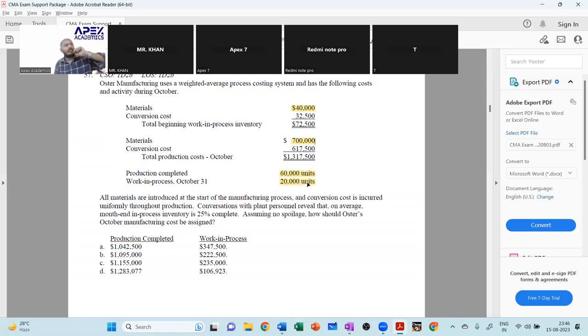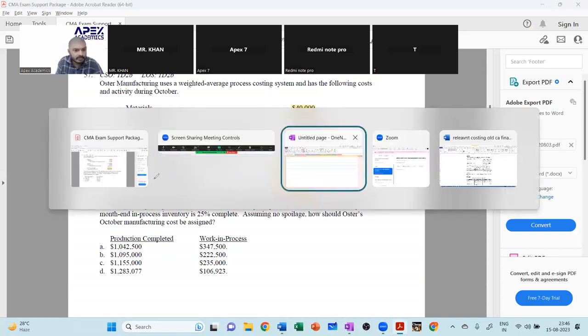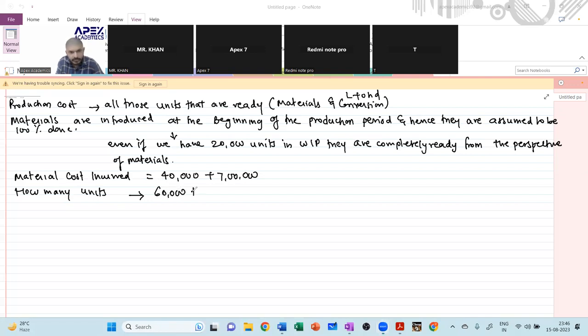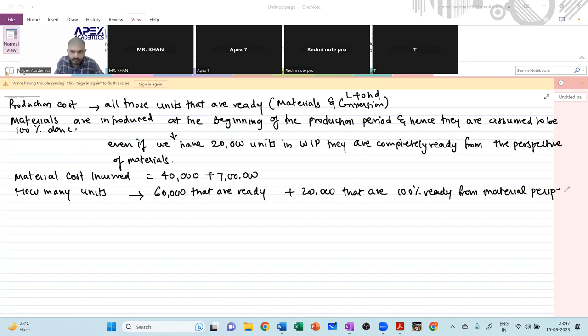But you also incurred it on this 20,000, because these 20,000 are ready from the perspective of materials. Are we clear about this?